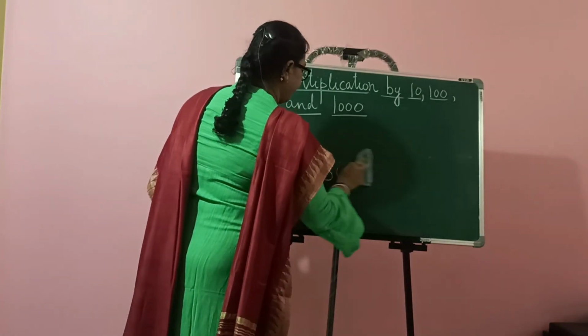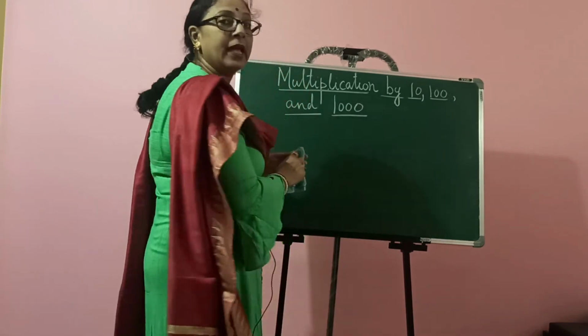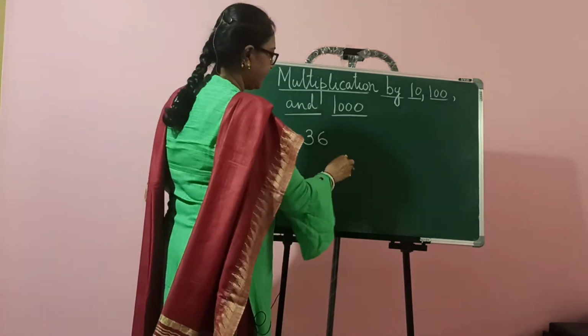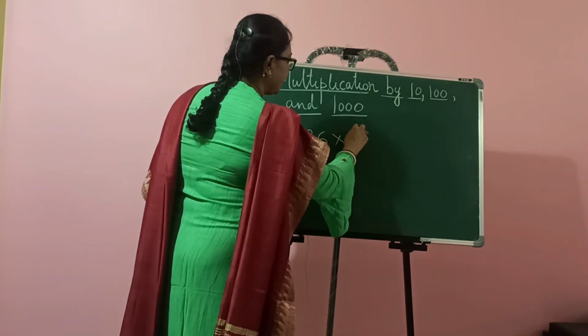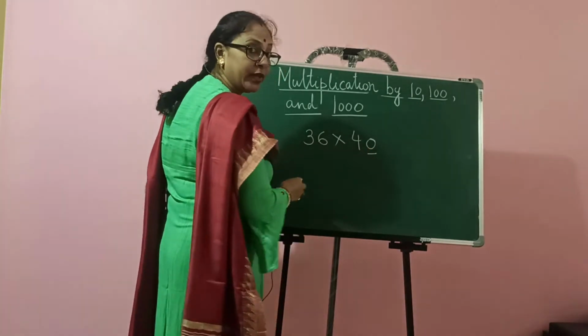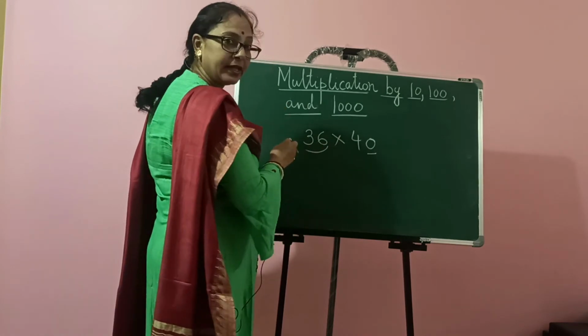Alright, let us take another example. Say you have 36 into 40. 40 ends up with 0 in the units place, and here we have 36.